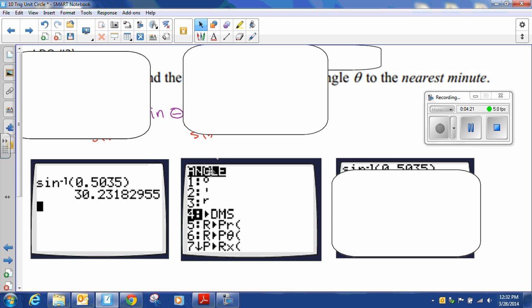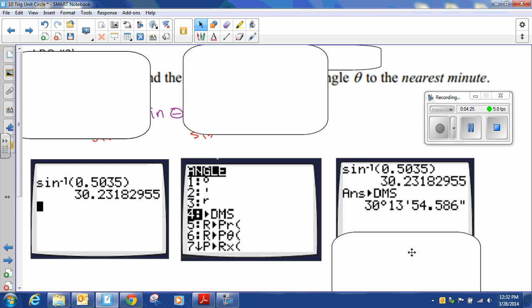You access the angle feature. Option 4 gives us DMS. And as you can see, you must round up the minute to 14. The answer is 30 degrees, 14 minutes, because 54 seconds out of 60 possible seconds is definitely greater than half.